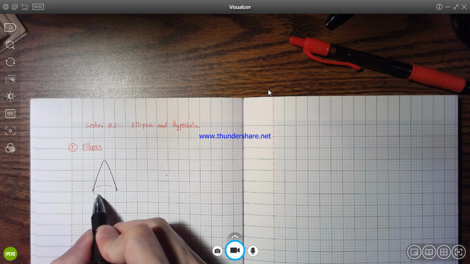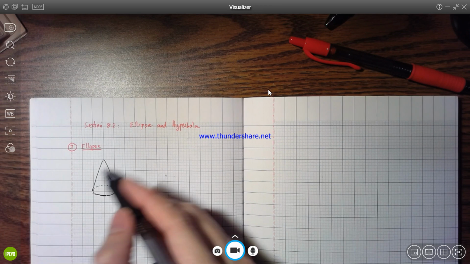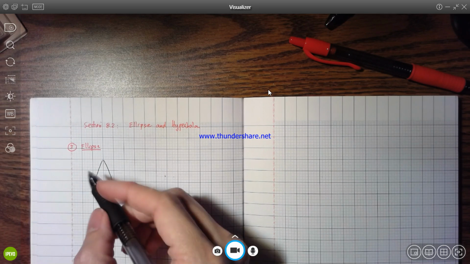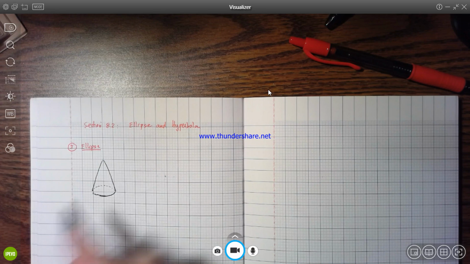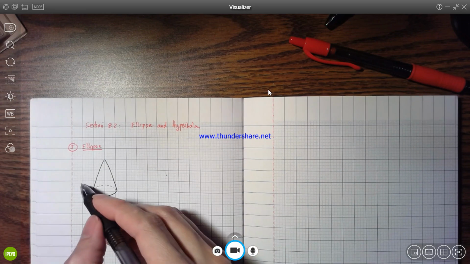An ellipse is actually the intersection curve between a cone and a slanted plane. So we have a plane that cuts the cone, but this plane is not a horizontal plane, nor is it a vertical one, it's kind of slanted.